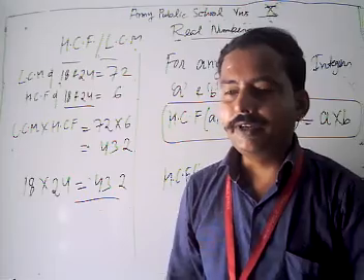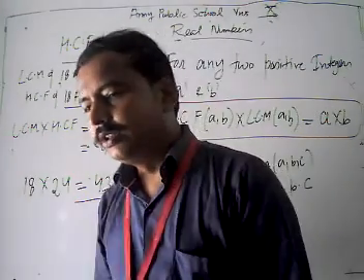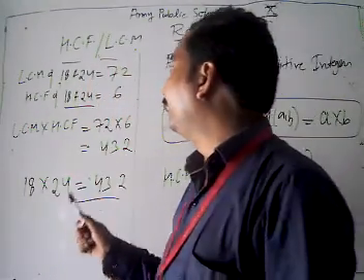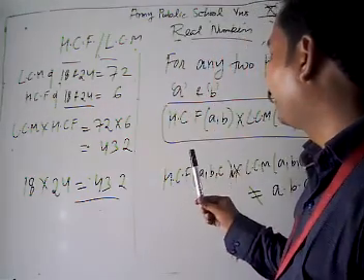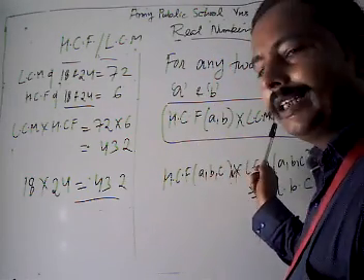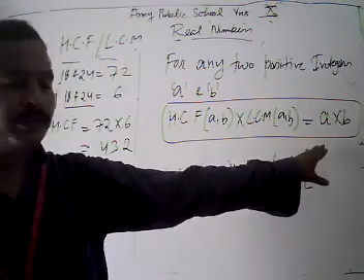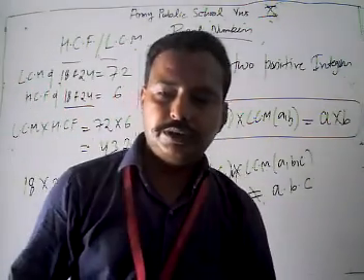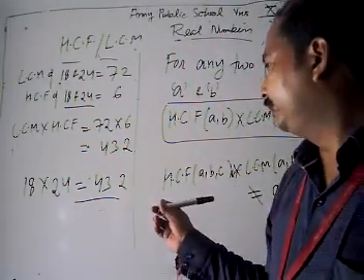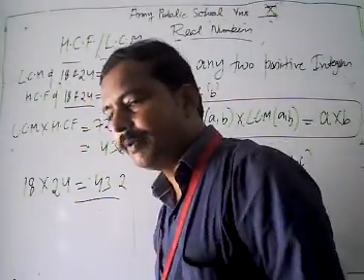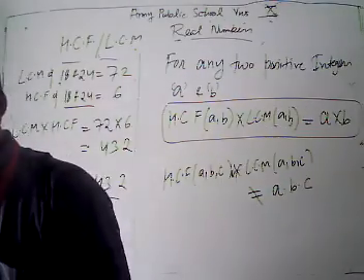Lastly, we verified that the product of HCF and LCM of two numbers a, b is equal to the product of the numbers, and also that it cannot be applicable to three numbers.